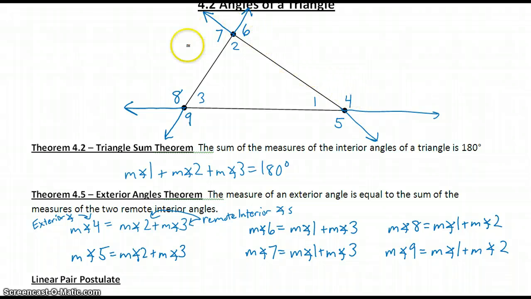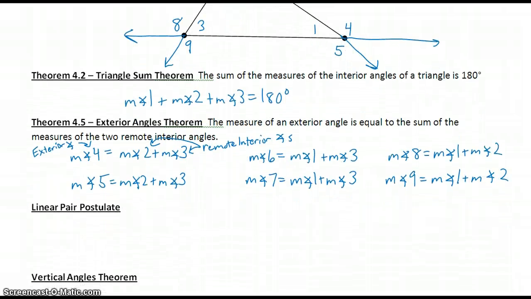If we look at this triangle, we have other relationships amongst the angles. 1 and 4 and 1 and 5 form a linear pair, as do 2 and 6 and 2 and 7, and 3 and 8 and 3 and 9. And by the linear pair postulate, those angles will be supplementary.